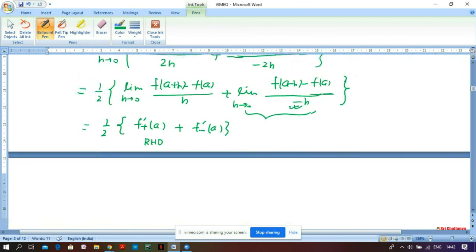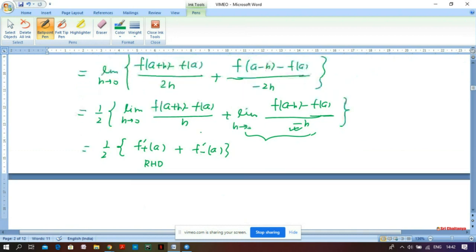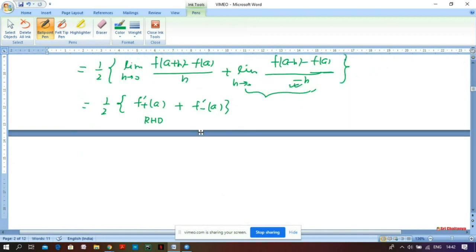It tells you that if f is right differentiable at a and f is also left differentiable at a, then the value of this difference quotient will be half of f prime plus a plus f prime negative a. But you are given that f is differentiable. If f is differentiable, then you forget about plus and minus.